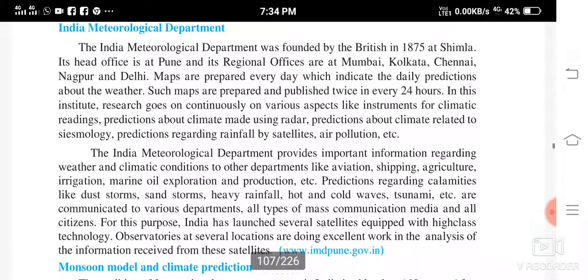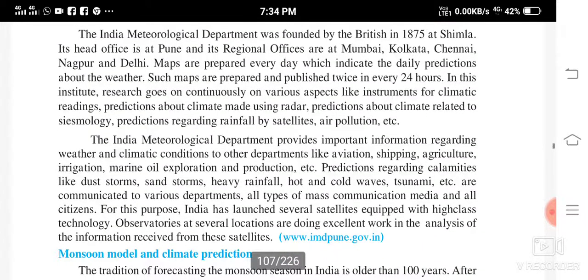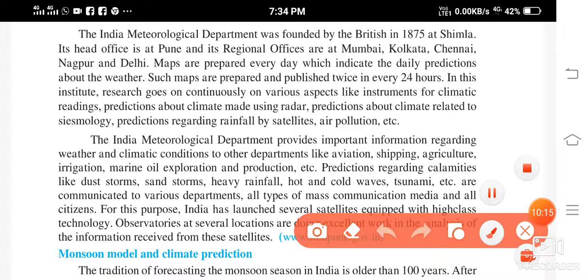Such maps are prepared and published twice in every 24 hours. So this type of map is prepared every day, indicating the daily predictions about the weather. Daily means two times in every 24 hours, two times in a day.